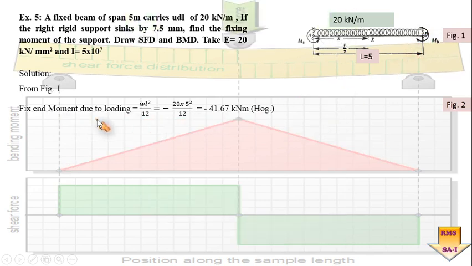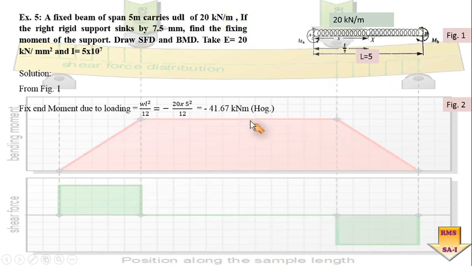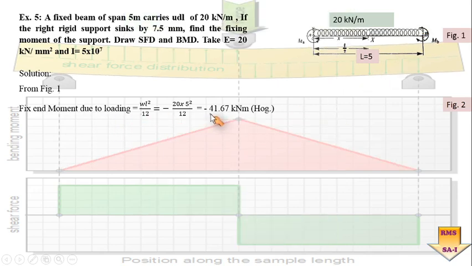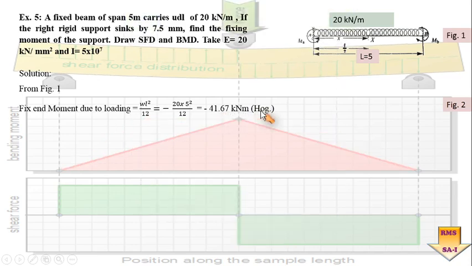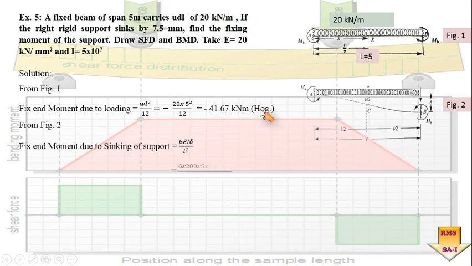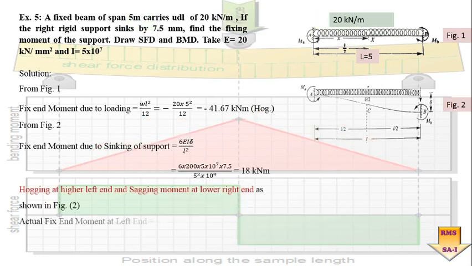So this is the fixed moment due to the loading, and it is coming out to be minus 41.67 kilonewton meter hogging.